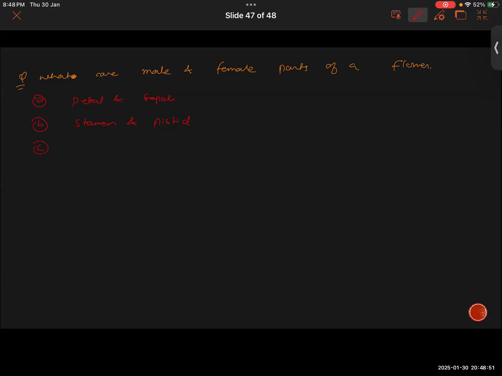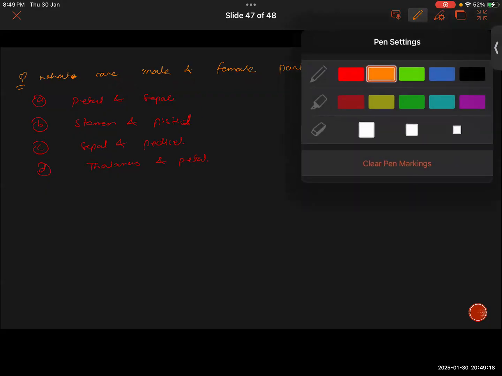Option C is sepal and pedicel. Option D is thalamus and petal. Which is the right answer to the question? Sir, A. Petal and sepal. Read the question once again. It is, what are the male and female parts of a flower?